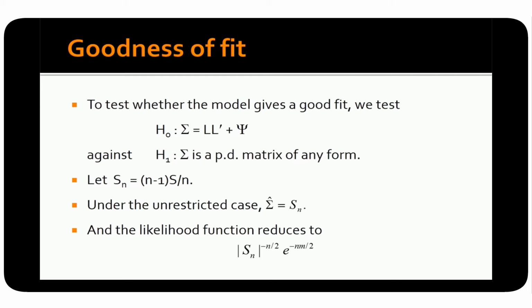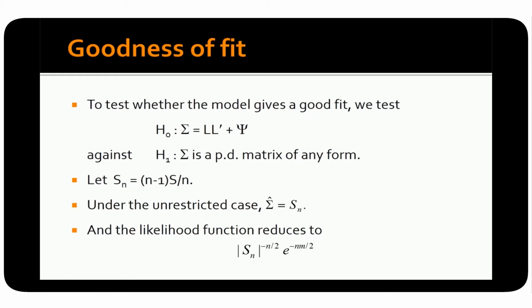A is equal to n times Sn, and if we substitute that, sigma hat and the A actually cancel off, left with e to the power of minus nm by 2.